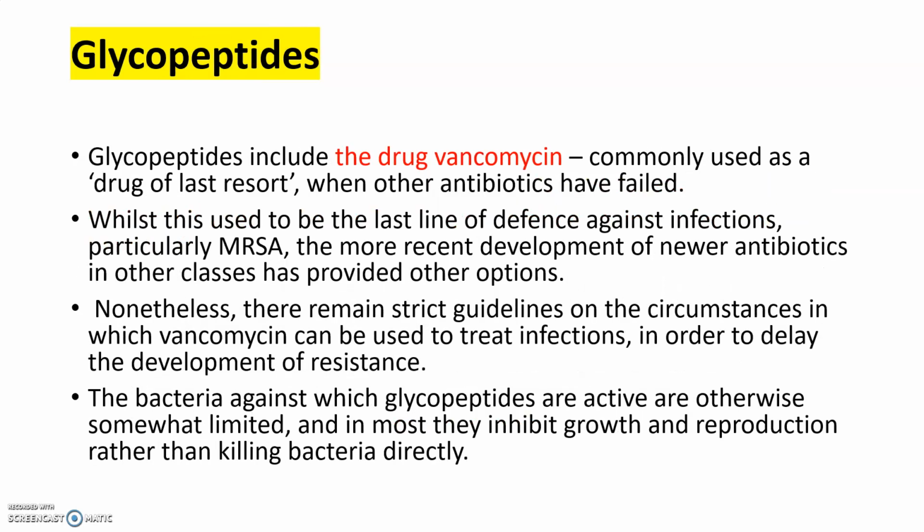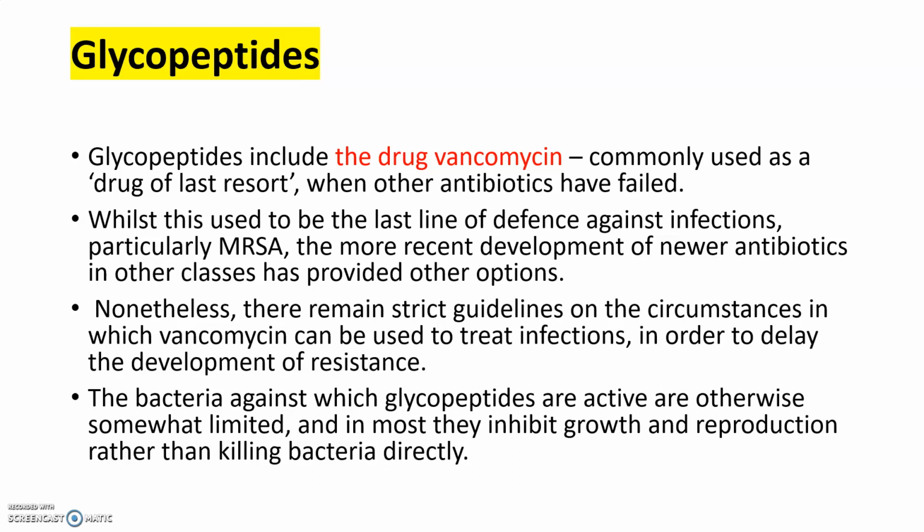Next is glycopeptides. The most important and the most commonly used glycopeptide is the drug vancomycin, which is used as a drug of last resort when other antibiotics have failed, such as in the case of severe life-threatening conditions.